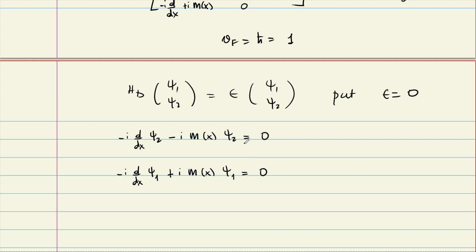So let me solve it and show what this looks like. Erasing the i's, and with a minus sign here, psi2 is going to be some coefficient c2 times e to the minus integral from 0 to x of m(x') dx'.